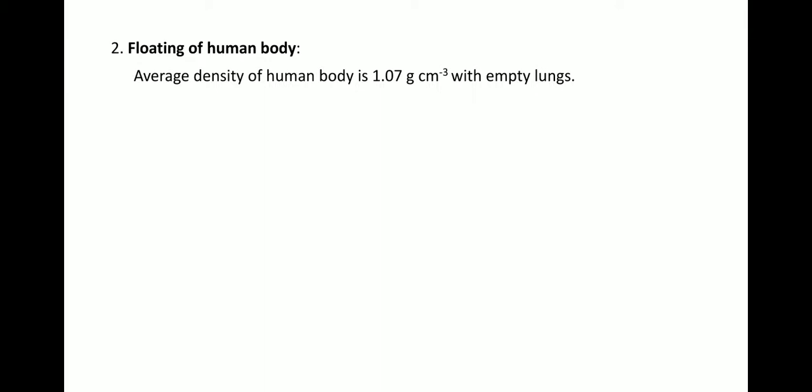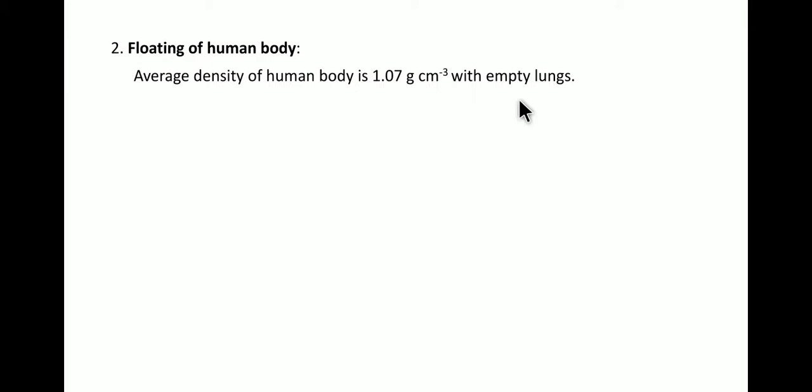If our lungs are empty, then the volume becomes less, and when the volume is less, obviously the density will increase. So when the lungs are empty, the density with the empty lungs is 1.07 gram per centimeter cube.